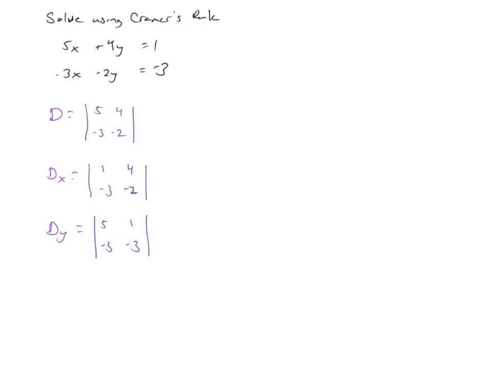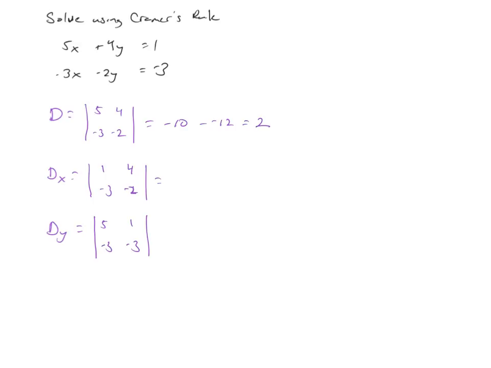And so in this case, D is going to come out to be, when I do that calculation, 5 times negative 2 is negative 10 minus negative 3 times 4 is a negative 12. So that determinant comes out to be 2.